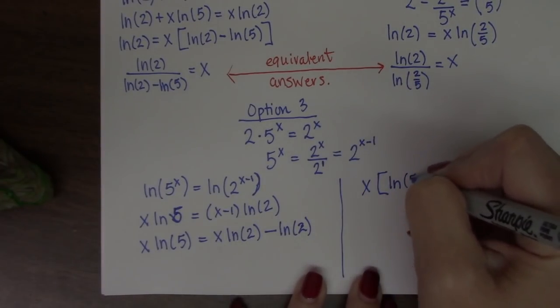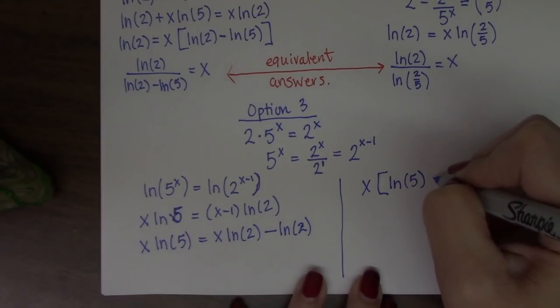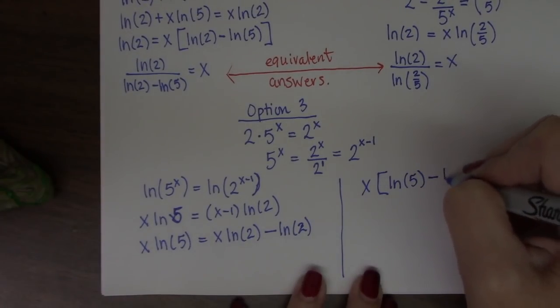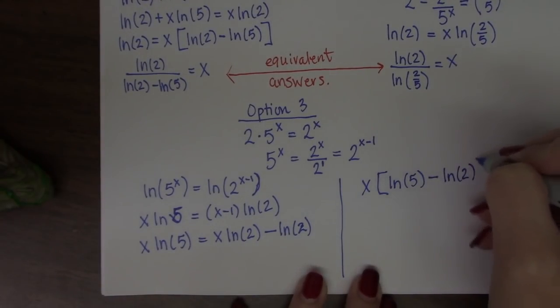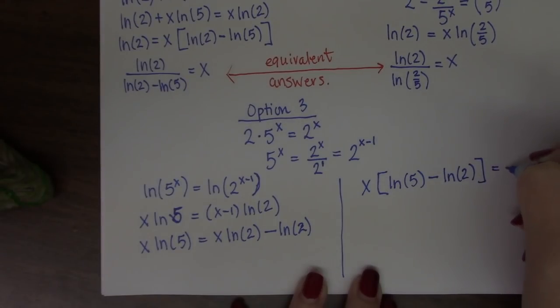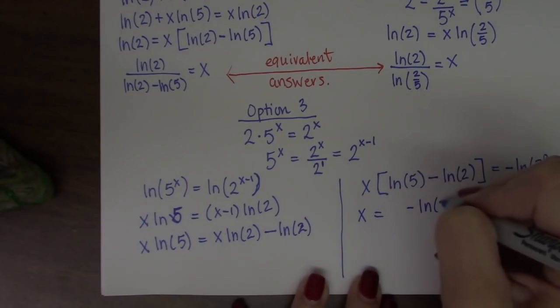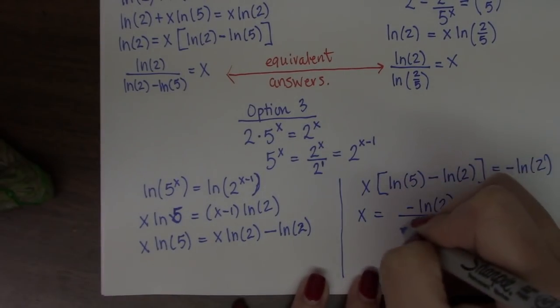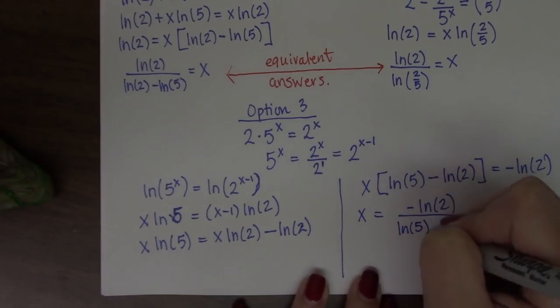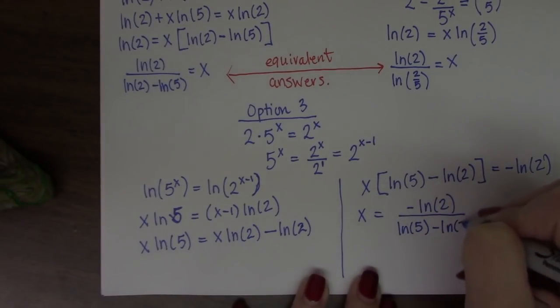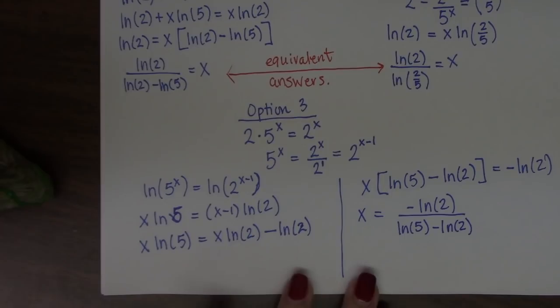So I'll get x times natural log of 5 minus natural log of 2 equals negative natural log of 2. So x equals negative natural log of 2 over the natural log of 5 minus the natural log of 2.